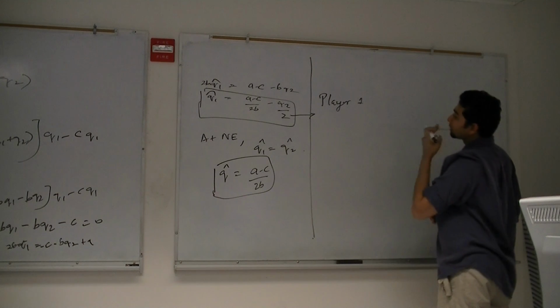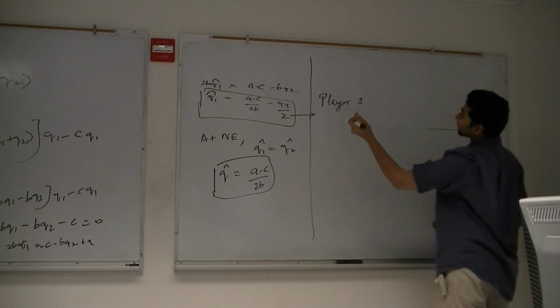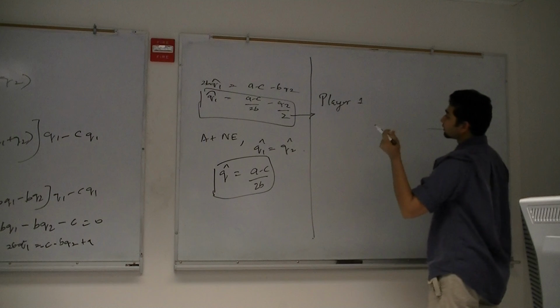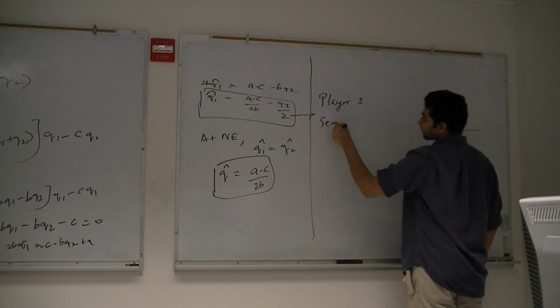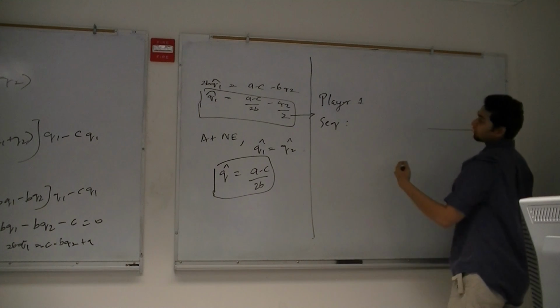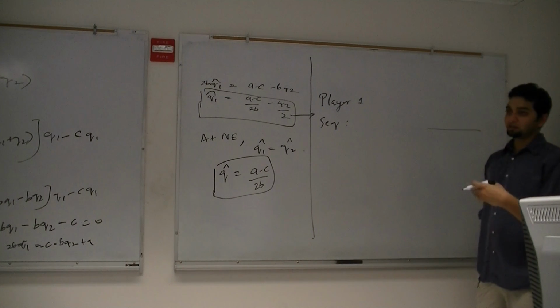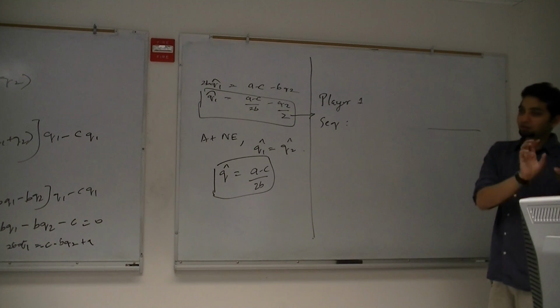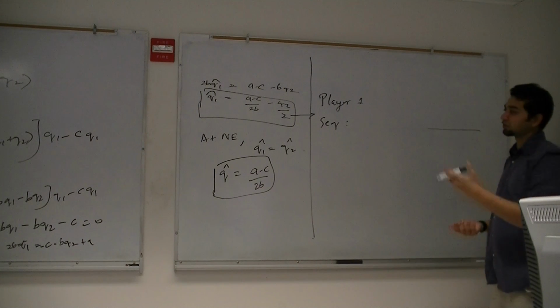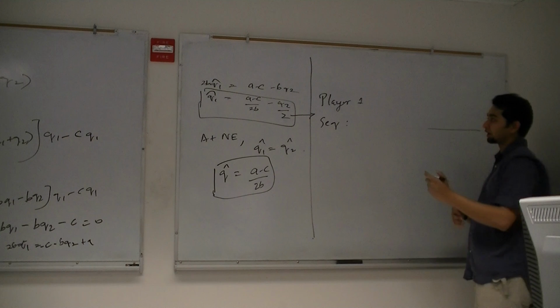So let's say you're player one in a sequential game, right? You basically look at player two's choice, how much he would produce, and according to that, you try to produce according to his response, like we saw in that particular graphical thing.